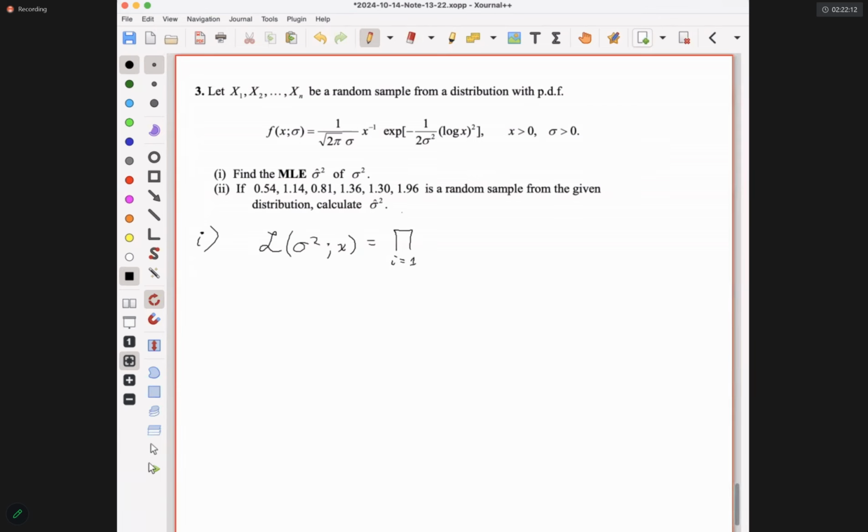So we're taking the product from i equals 1 to n of what? Yeah, so this is f of xi. So we're evaluating it at observation given sigma squared.